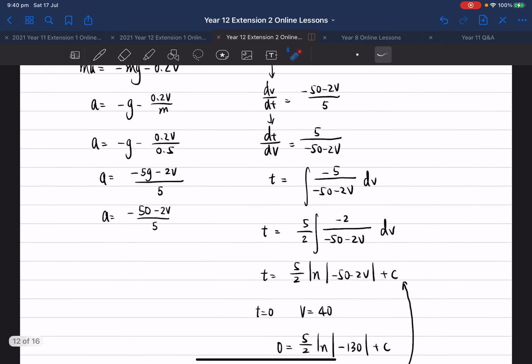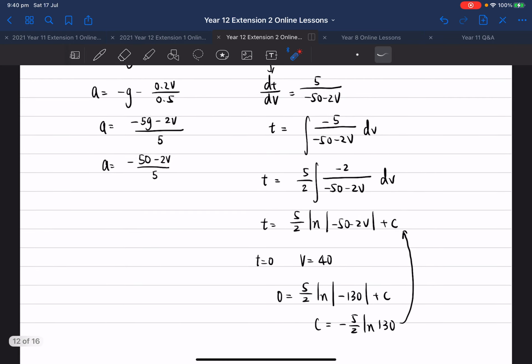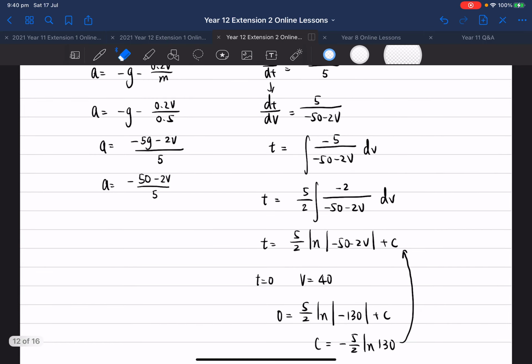That's pretty interesting. Where did I make a mistake here? It must be somewhere in the integration, I guess. If we take the negative outside, that becomes a plus and plus. Okay, I don't like this. How about I do something different?